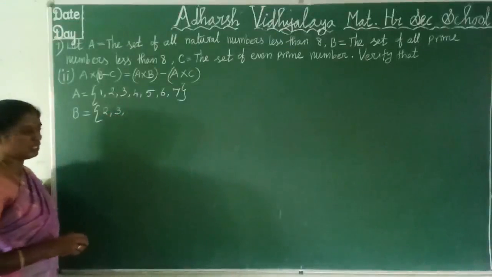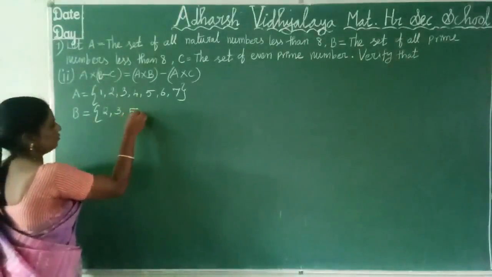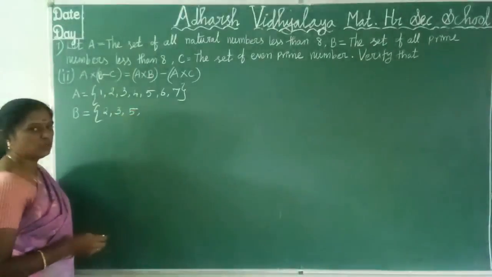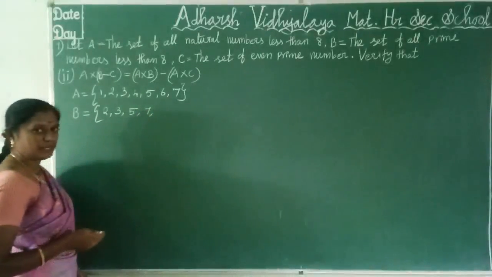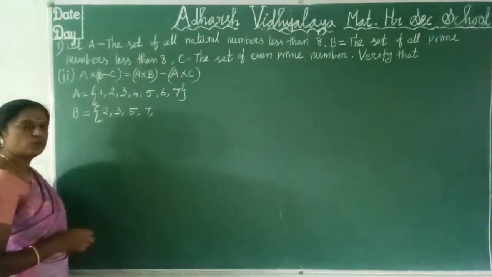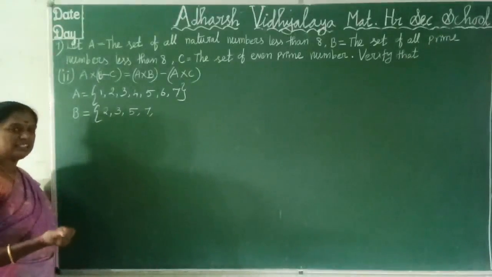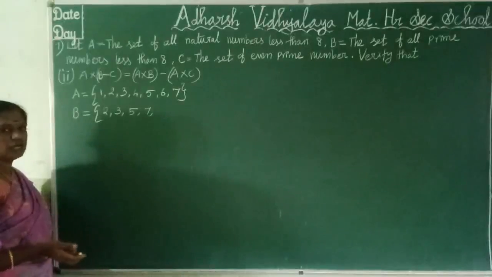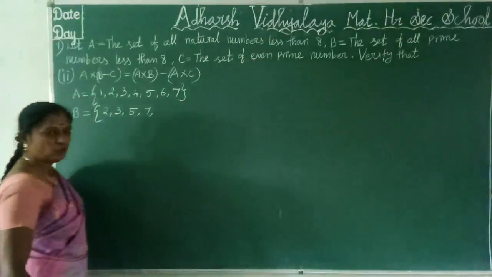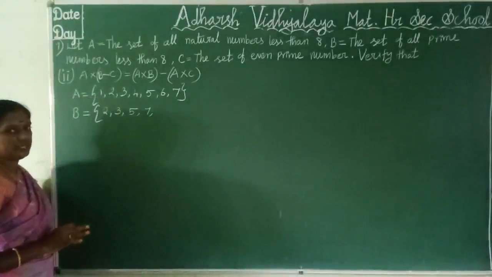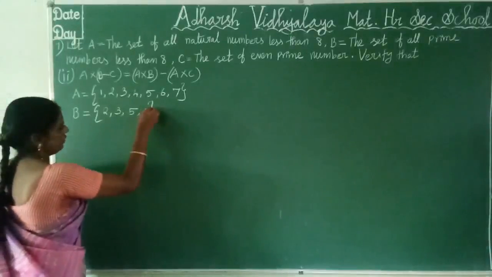No, that is a composite number. So next 5. Is 6 a prime number? No, that is composite. So next number 7. Yes, this is a prime number. 8. No, that is a composite number. Next 9. That also is a composite number. Here we only want to take up to 8. So no need to go beyond 8. So up to 7 only.